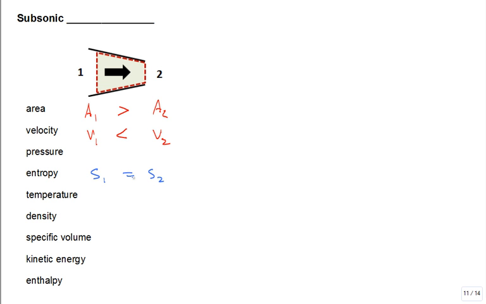Equal, yeah. How about the temperature at 1 versus the temperature at 2? 2 greater? Okay, if you have isentropic, I know that my pen didn't work on the pressure. What about the pressure at 1 and the pressure at 2?